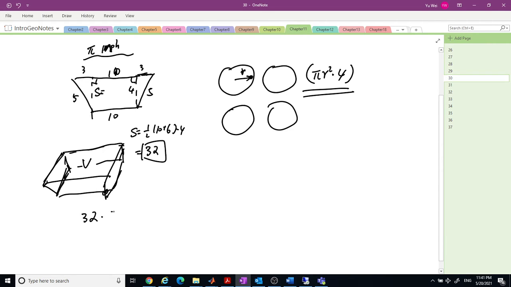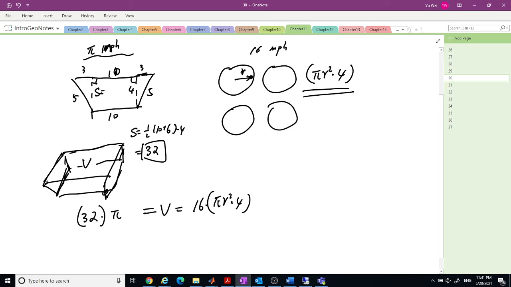So 32 times pi miles per hour will be equal to the volume, right? So the volume is also equal to the 4 holes of this. This is 16 miles per hour. So it's 16 times pi r squared times 4.